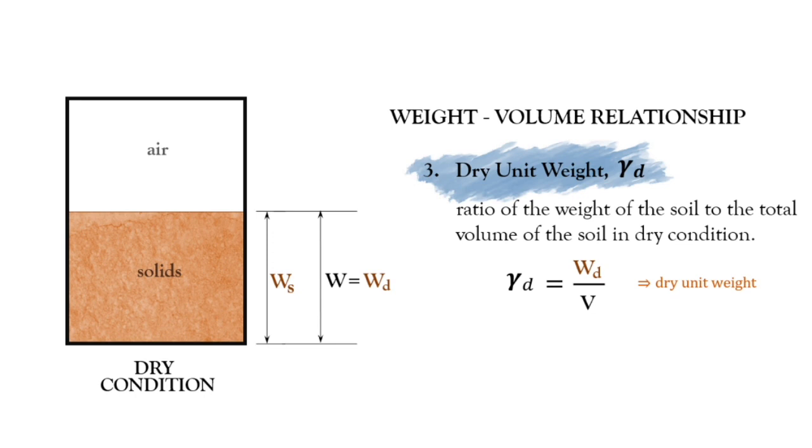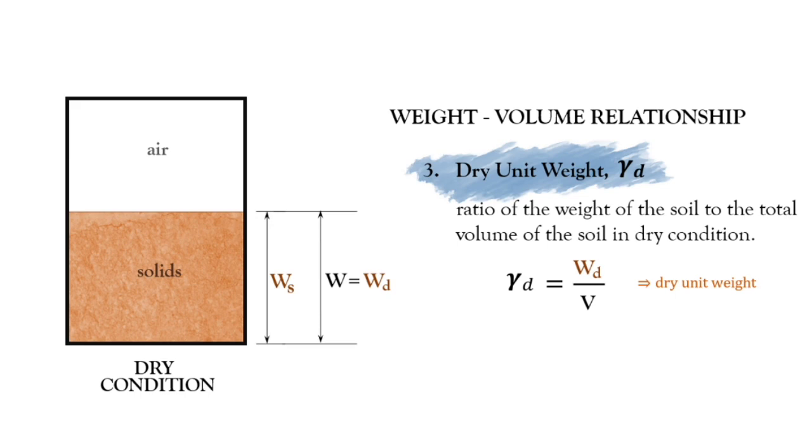Kasi kung titingnan mo yung total weight natin, which is purely solids lang yan kapag dry condition, edi therefore yung dry unit weight, pwede na natin itong sabihin as the bulk unit weight. Yun nga lang kasi ginagamit natin yung term na bulk unit weight or yung number 2, yung mga terms na nakaspecify doon, kapag moist. Kaya nga siya binigyan ng sariling terminologies para ma-identify agad natin yung condition ng soil.